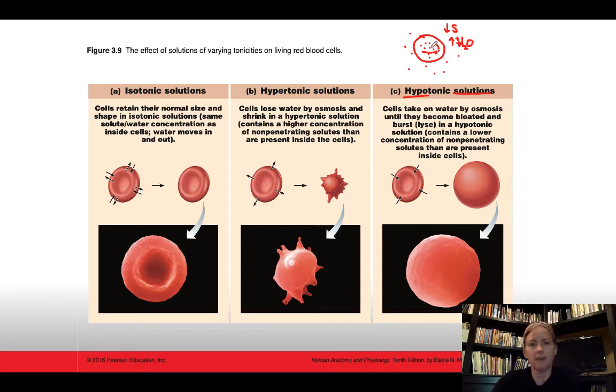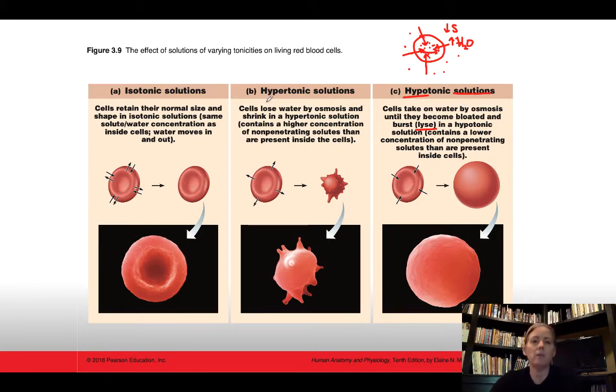Inside the cell, we have exactly the opposite. We have increased solutes and decreased water. So in this scenario, water from the extracellular solution is going to flow into the cell. The cells are going to basically become bloated and eventually burst, and we call that lyse, L-Y-S-E. Okay, that's what happens when you place cells in hypotonic solutions.